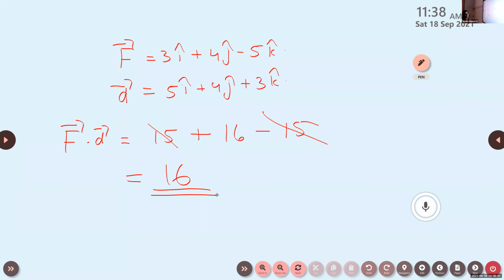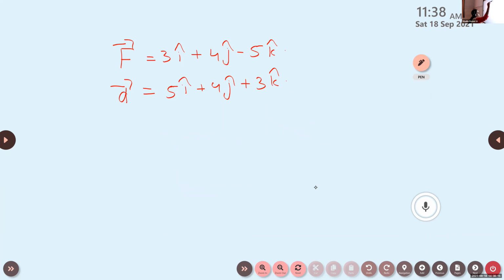Okay, now find the magnitude of vector F and vector D. So the dot product, vector F dot vector D, is equal to 16. Right. Those who got 46, correct it.